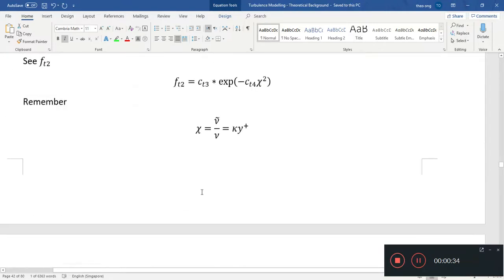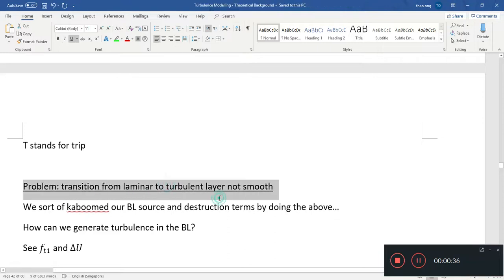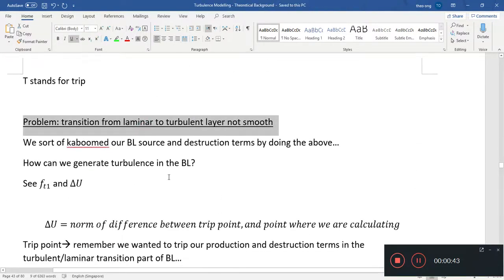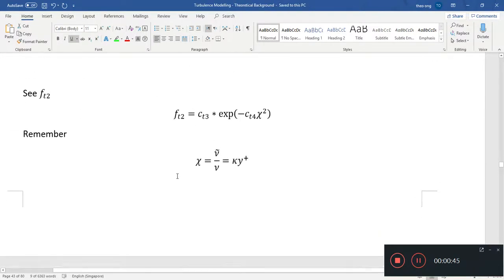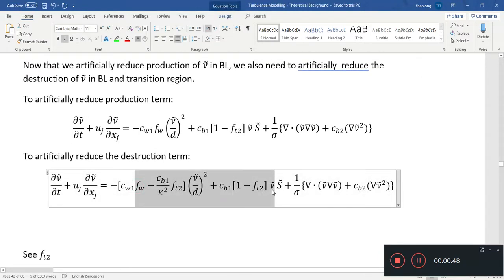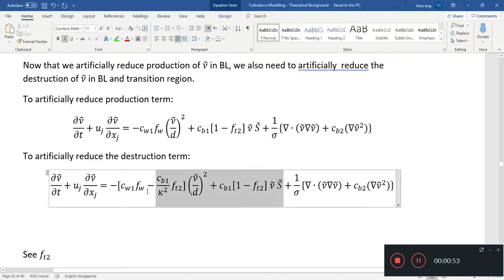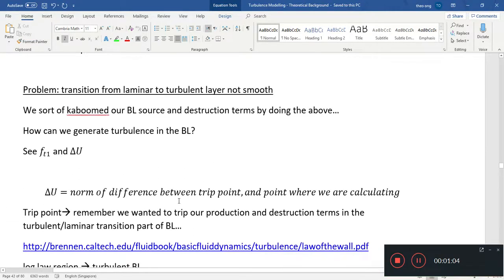Now the problem when you do this with trip terms is that the transition from laminar to turbulent layer is not smooth, because you artificially alter these terms. You will also need to compensate for the missing terms by increasing the turbulence viscosity just enough in the transition layer and onwards.